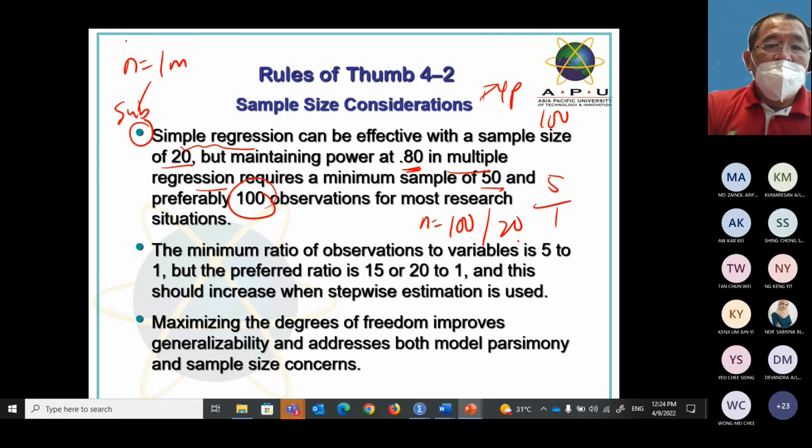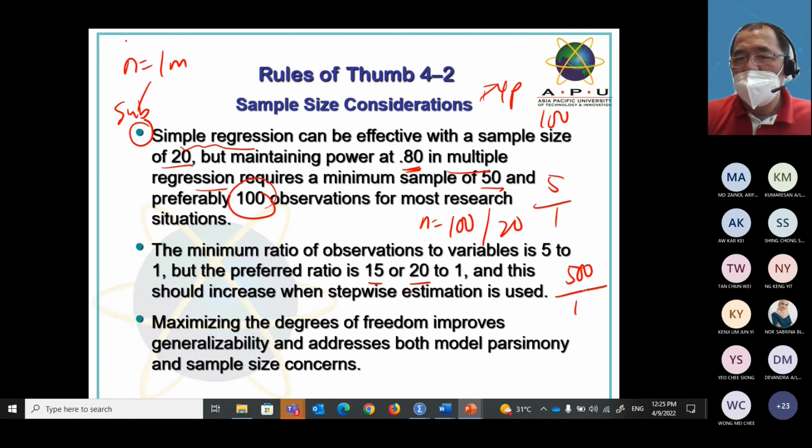This is the minimum, but 15 to 20 observations per variable is preferred. Let's say 600 over 20, therefore it's 30. So with 600 observations, you can have 30 variables.